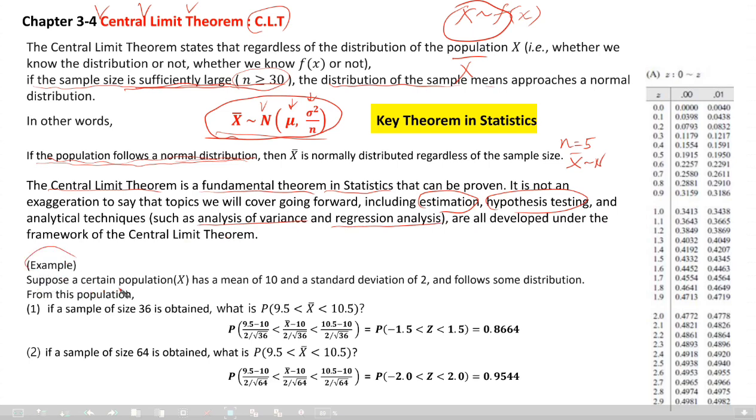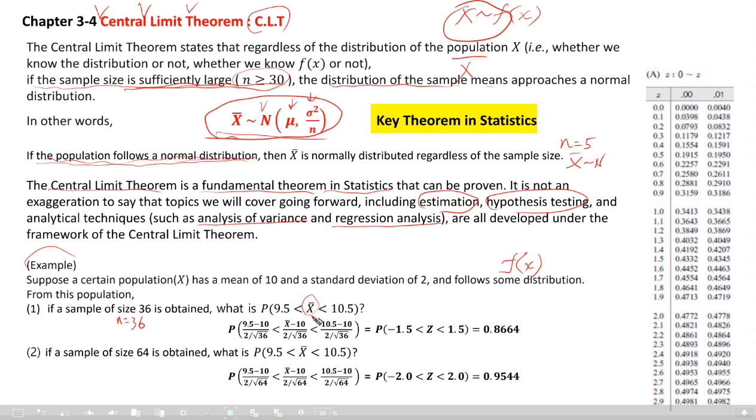Example: suppose a certain population X has mean 10, standard deviation 2, and follows some distribution. We do not know the distribution function f of x, whatever. From this population, if a sample of size n equal to 36 is obtained, what is the probability of x bar between 9.5 and 10.5? X bar in this case is approximately normally distributed.